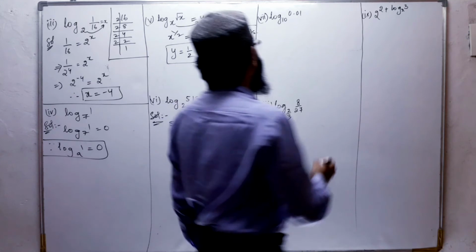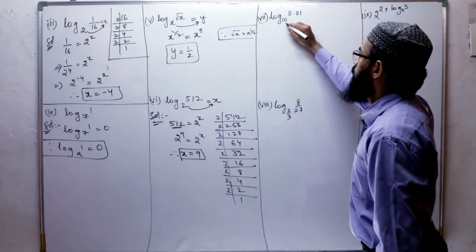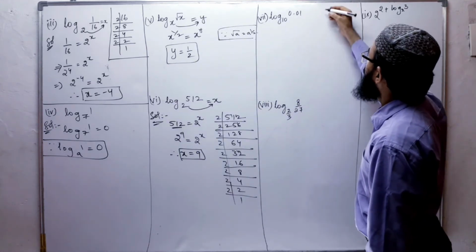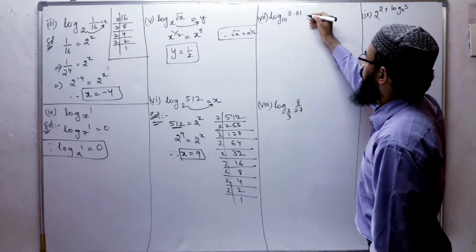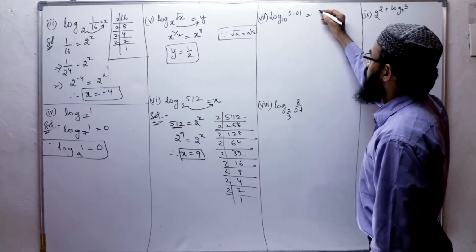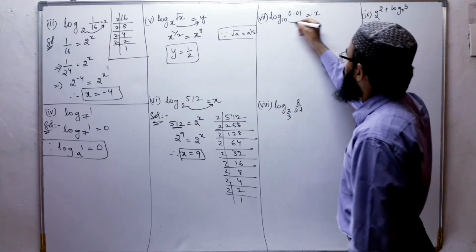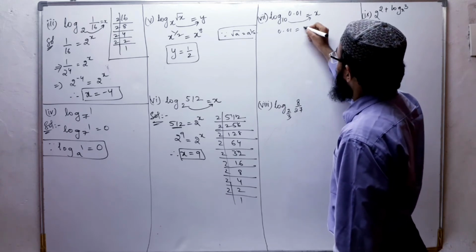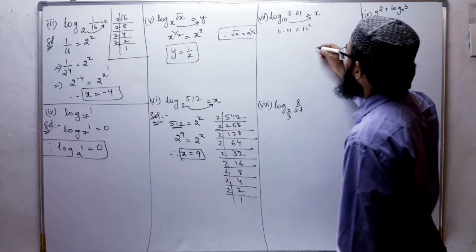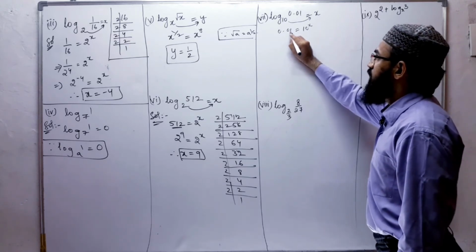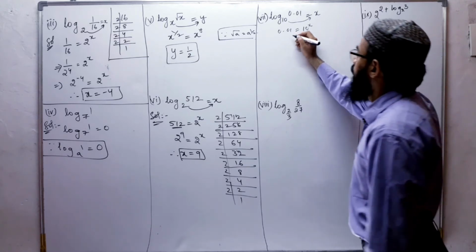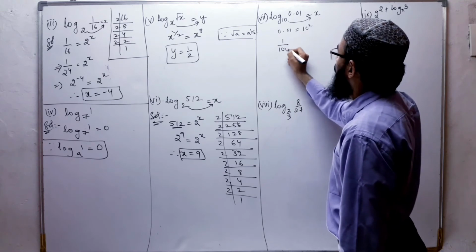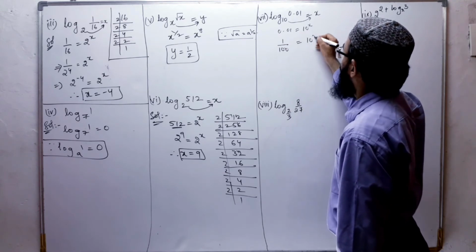Next is log 0.01 base 10. Let us write this as x, 10 goes to that side, 0.01 is equal to 10 to the power of x. As the decimal is after 2 digits, we can write 1 by 100 is equal to 10 to the power of x.